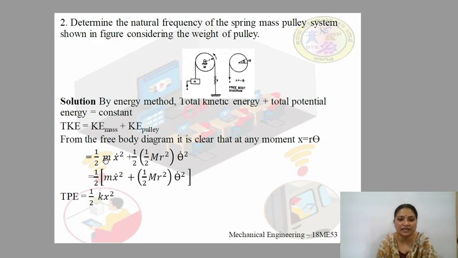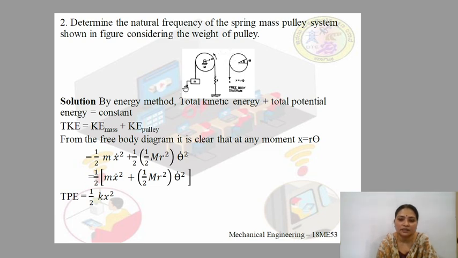First of all, let us write the kinetic energy. Kinetic energy is equal to 1 by 2 m x dot square, that is the mass of the body that is attached, and the mass of the pulley we have to consider and write. So 1 by 2 m x dot square plus 1 by 2 into bracket 1 by 2 m r square theta dot square.